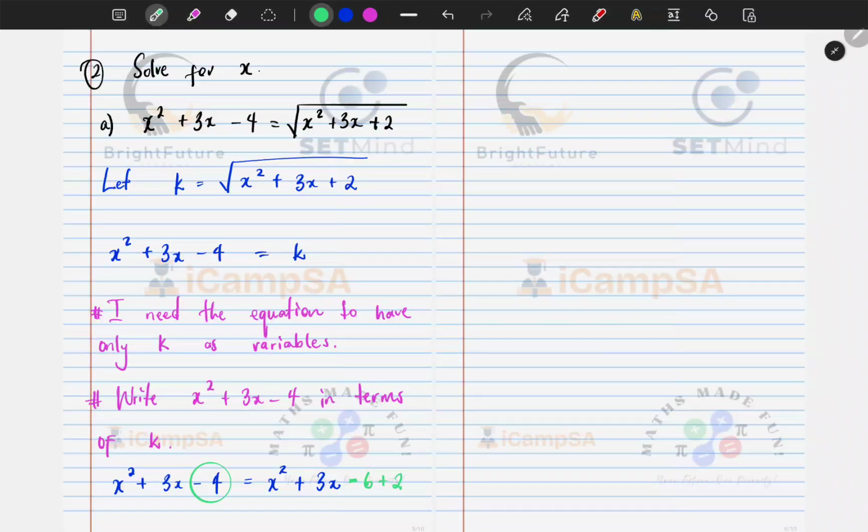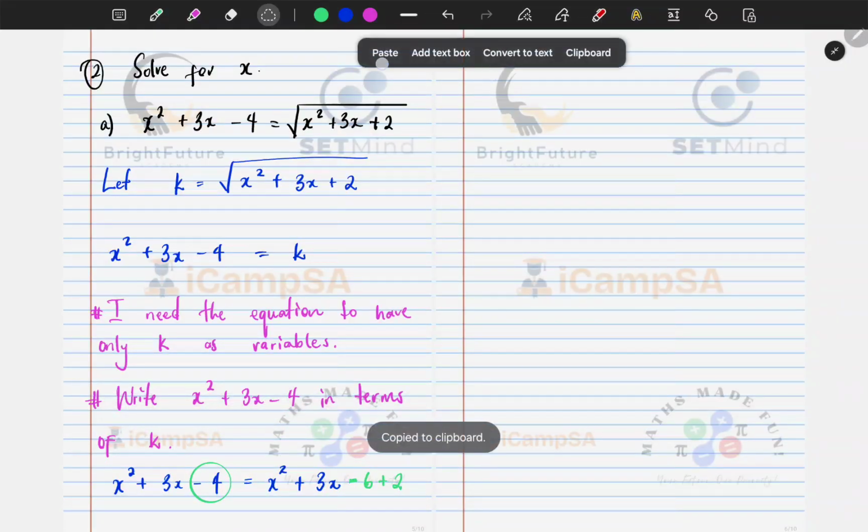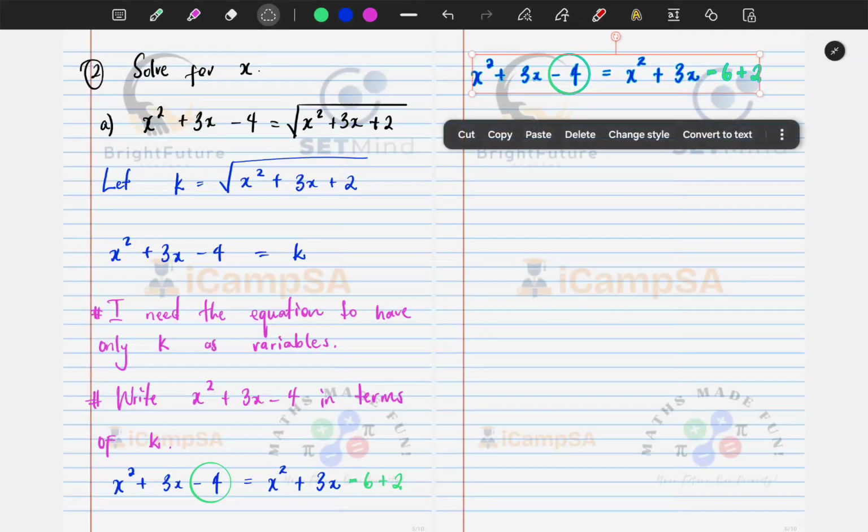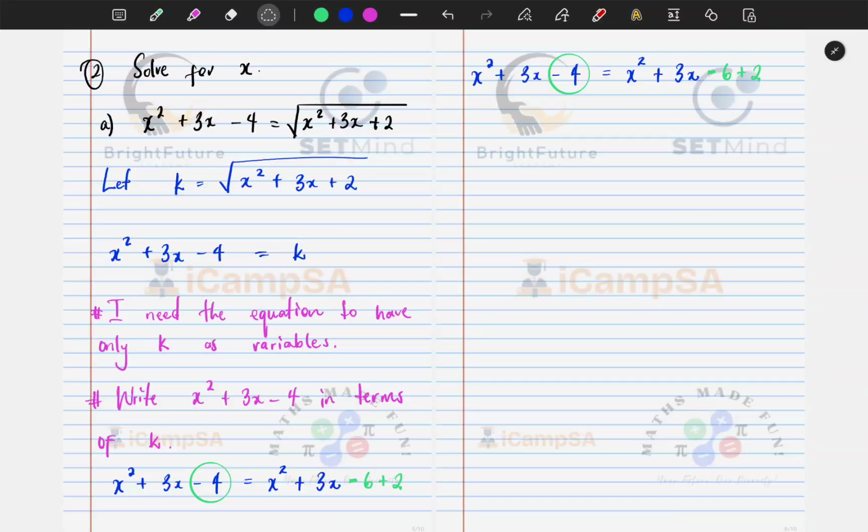Let me simplify it further. I'm going to take this to the other side. So now I'm going to have x squared plus 3x plus 2 minus 6.